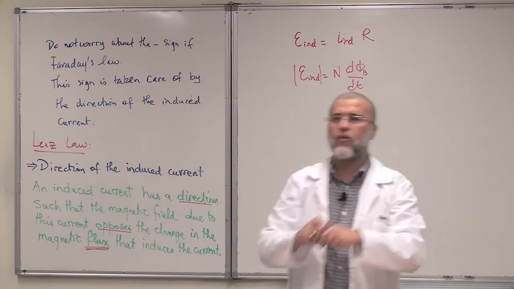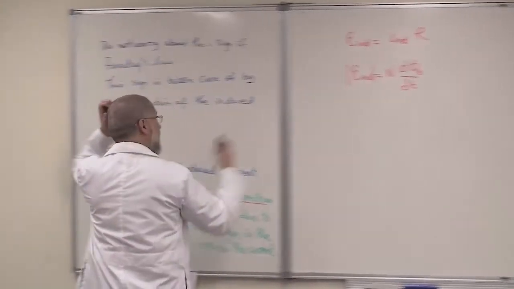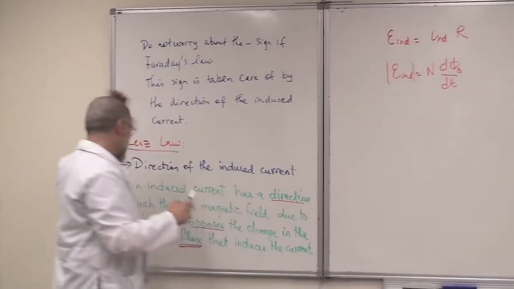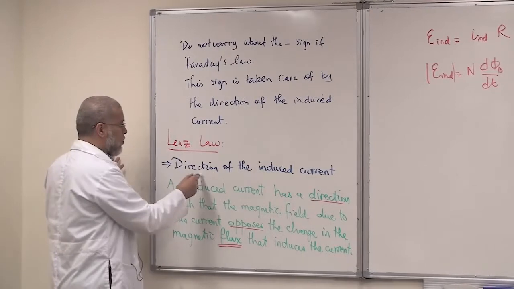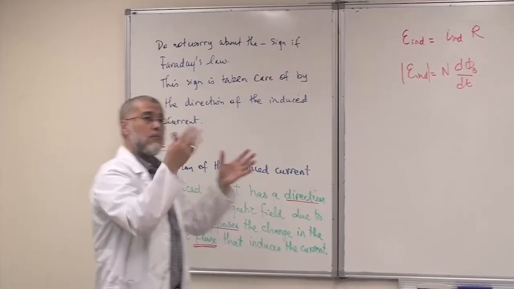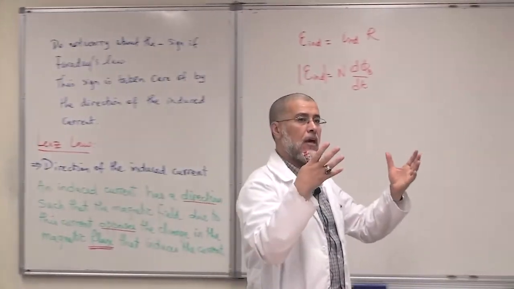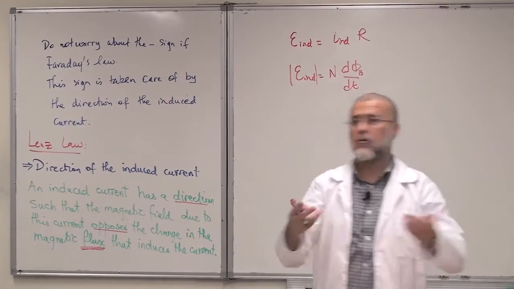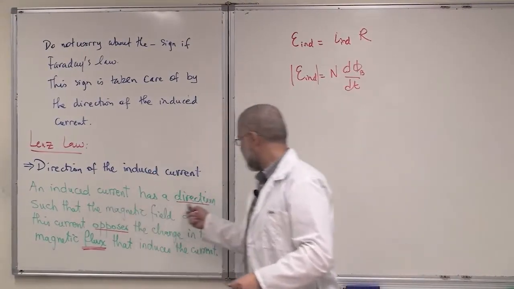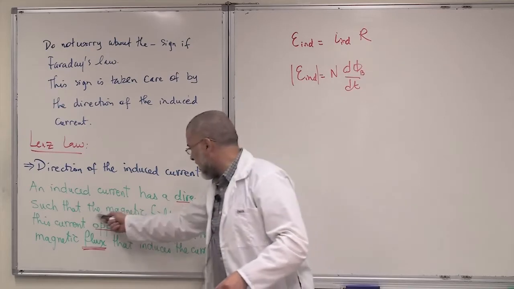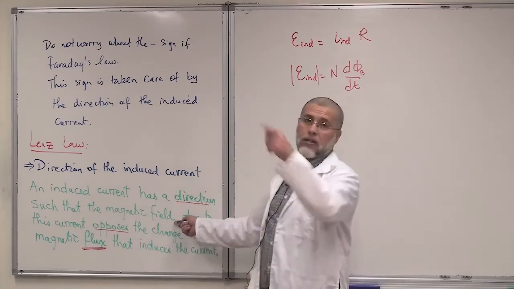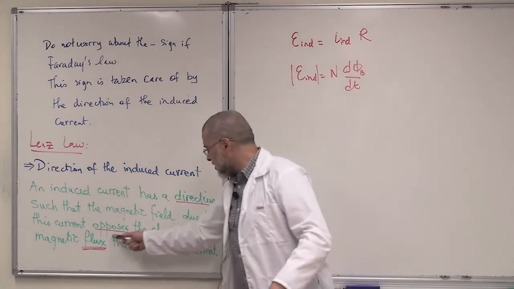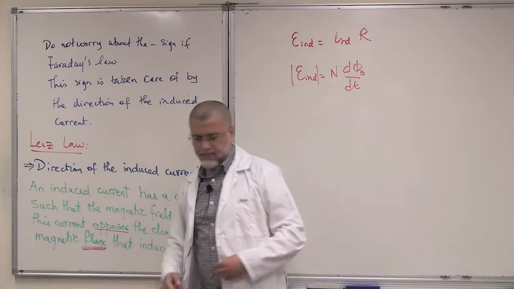That's the idea of Faraday's law. Remember that minus 5 flux is produced by an induced current. So there will be an induced current in a direction such that the magnetic field due to that induced current opposes the change in the magnetic flux.